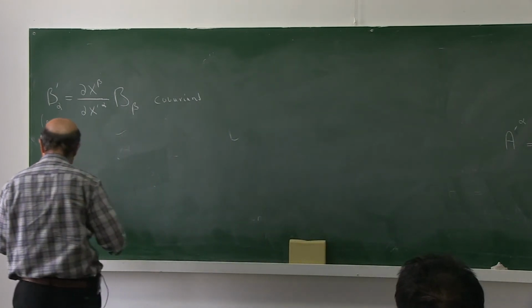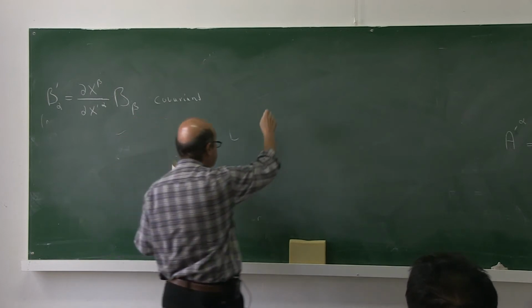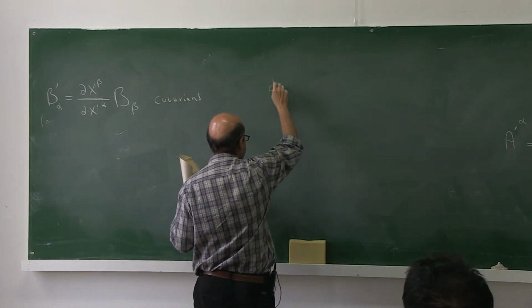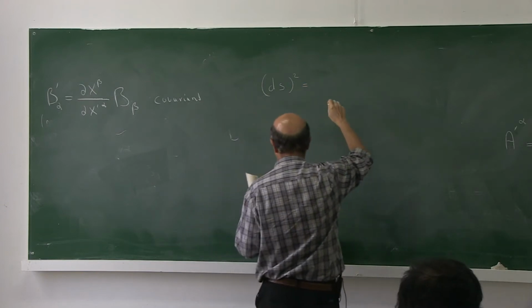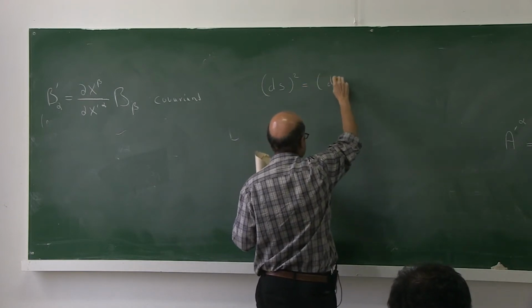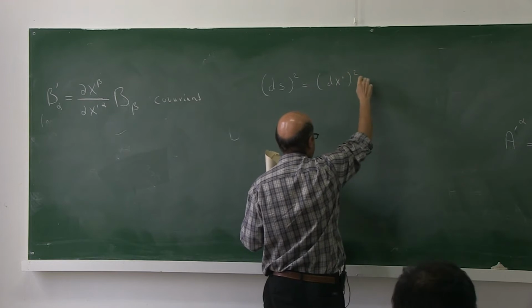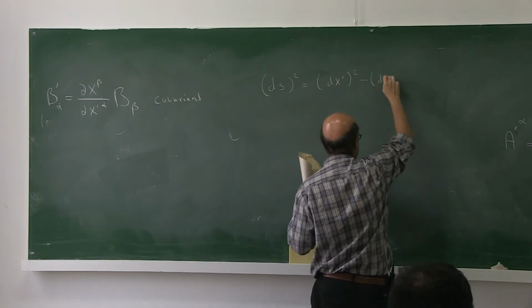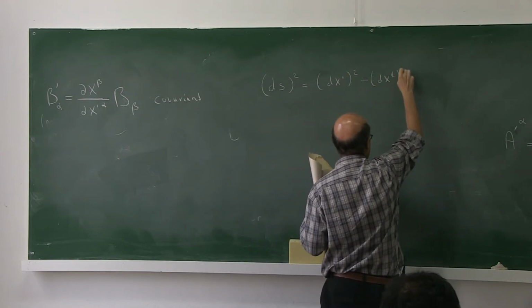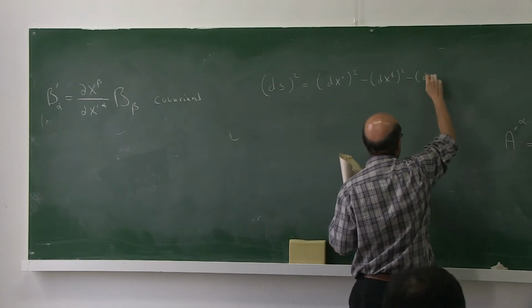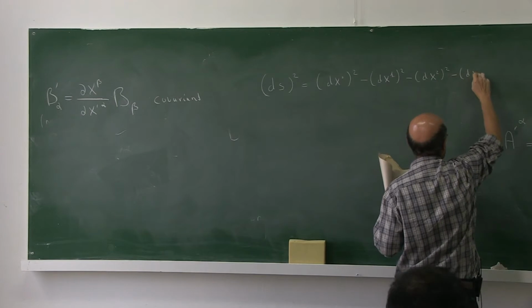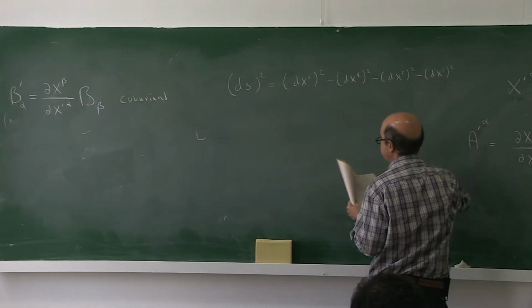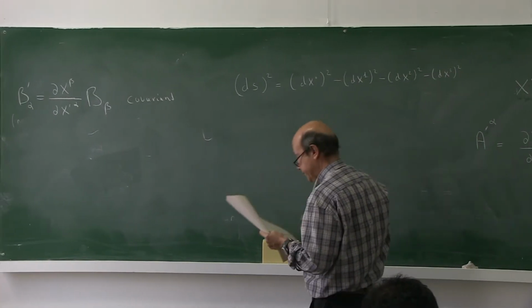What we said earlier, the invariant Planck element, could be written as dx0 square minus dx1 square minus dx2 square minus dx3 square. Is it right? Yes.